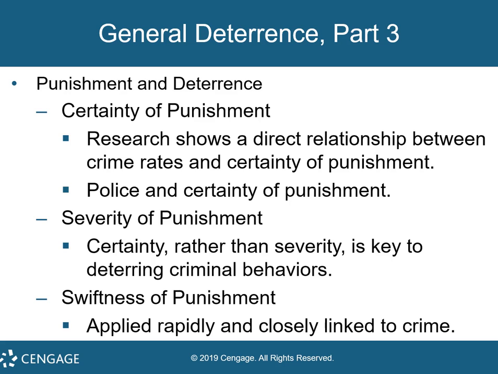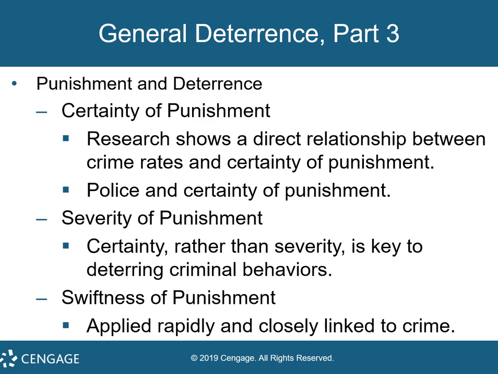Along with deterrence theory, we have to look at punishment and deterrence, because this is a part of this particular theory. According to general deterrence theory, if the certainty, severity, and speed of the arrest, conviction, and sanctioning increase, then crime rates should really go down.